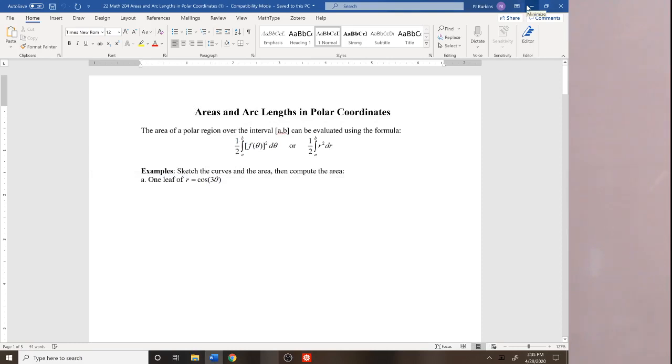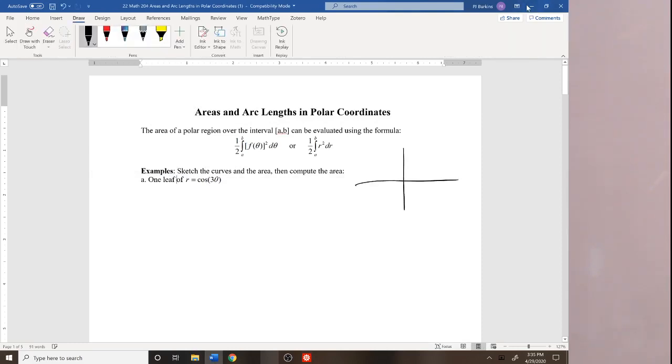So just a quick sketch, it looks like this. This is angle 0, and this is angle pi over 6. So we want the area, which in our case is going to be 2 times, because we're only doing half of a petal and we want one petal.